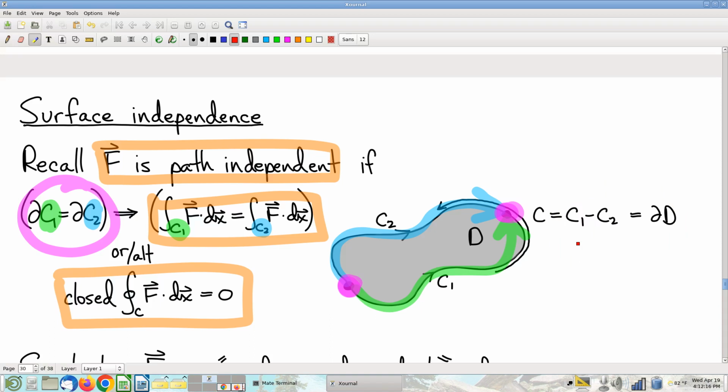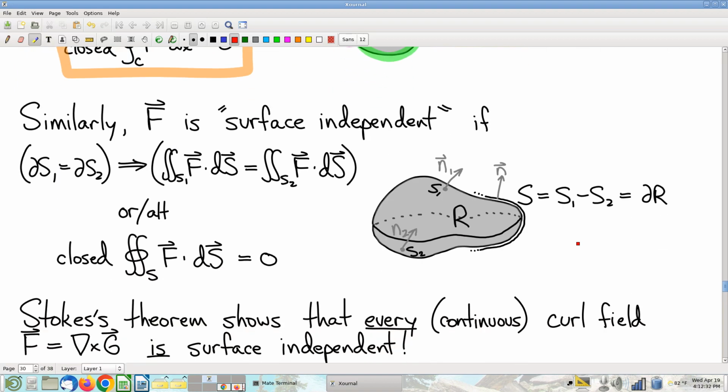Does everybody remember all this path independence stuff? If so, I'm going to now step one dimension up. We're going to talk about surface independence. Instead of curves with boundary points, we're going to talk about surfaces with boundary curves. All right, here we go.